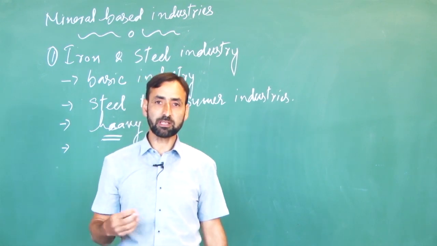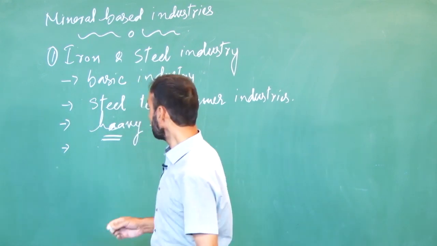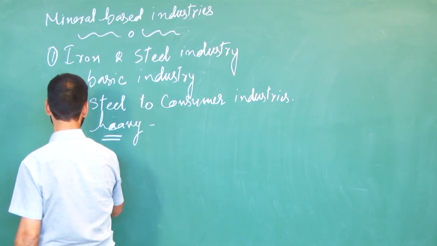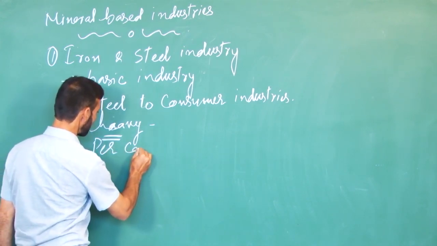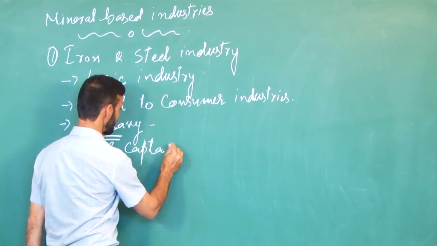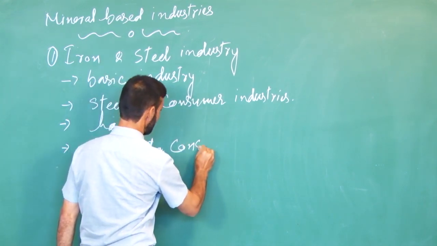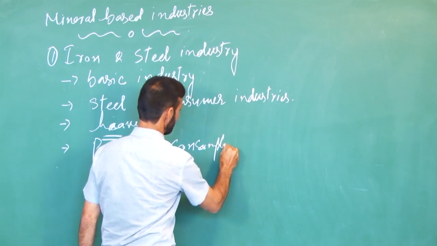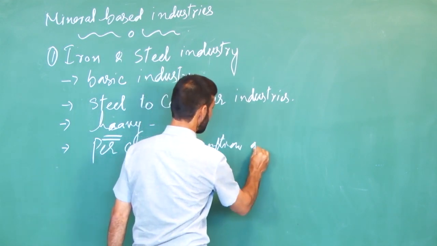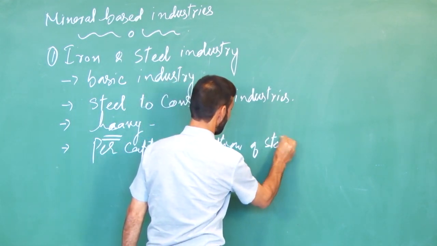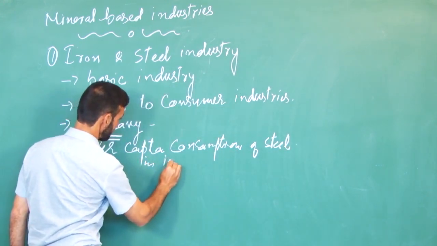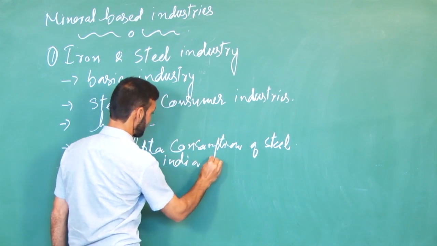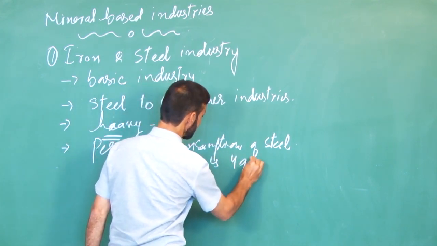The per capita consumption of steel in India is 49 kgs.